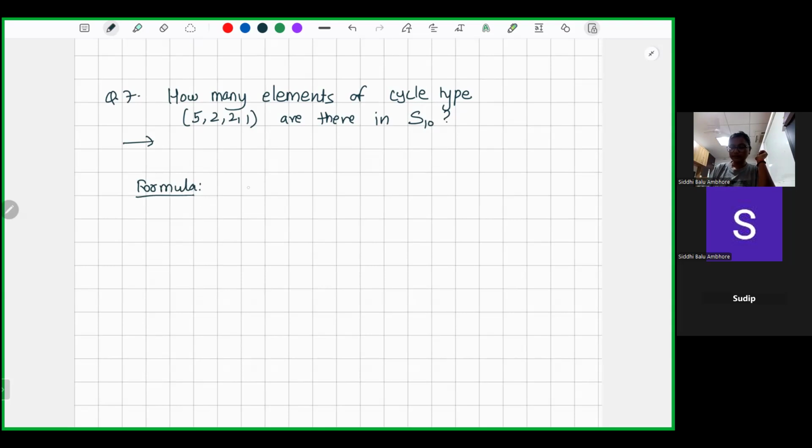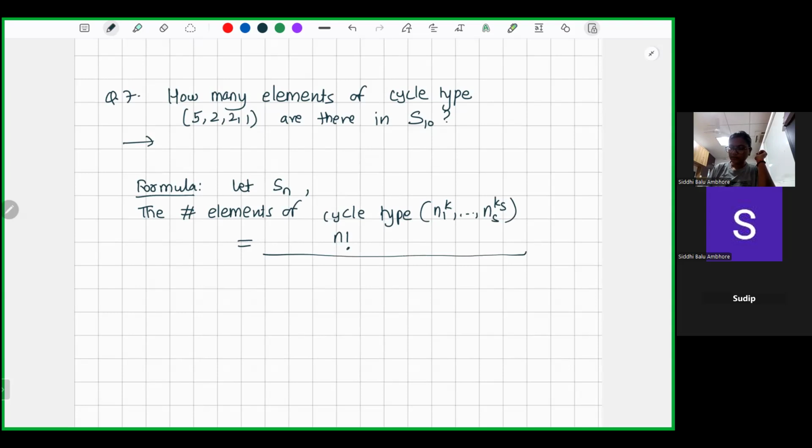In Sn, the number of elements of cycle type n1 power k1, ..., ns power ks is n factorial divided by k1 factorial, ..., ks factorial, and n1 power k1, ..., ns power ks.